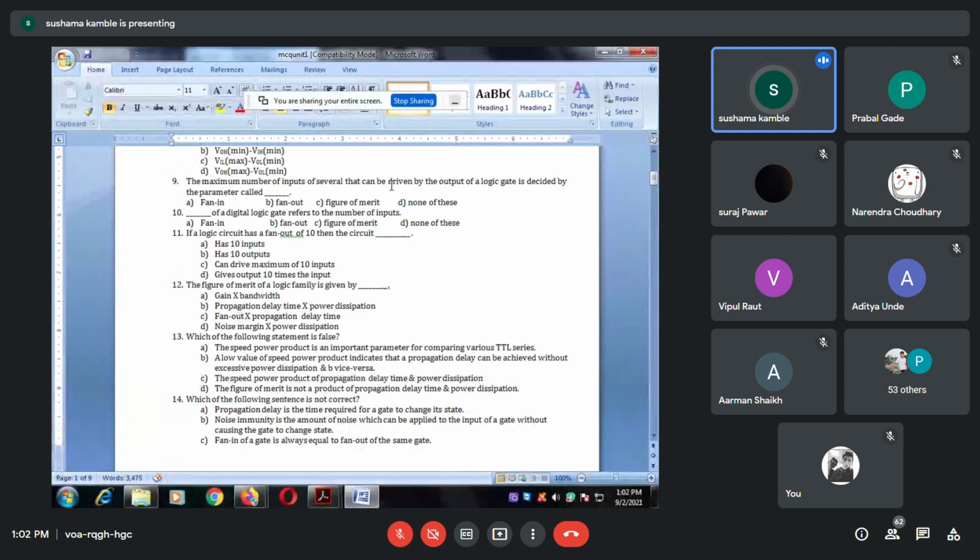The maximum number of inputs of several gates that can be driven by the output of a logic gate is decided by the parameter called fan out. Fan out or fan in?